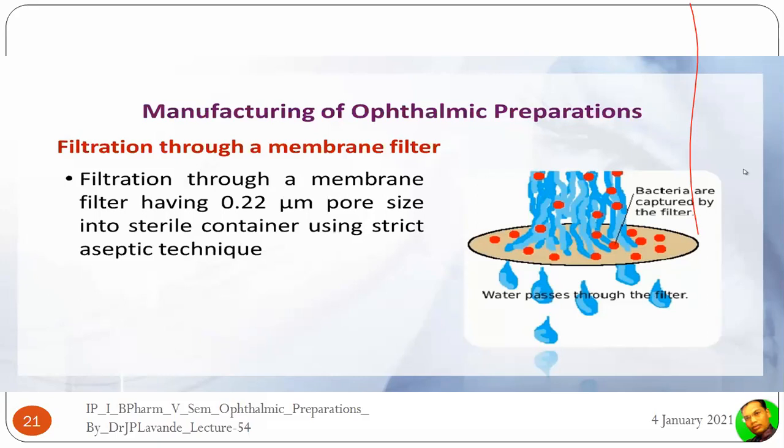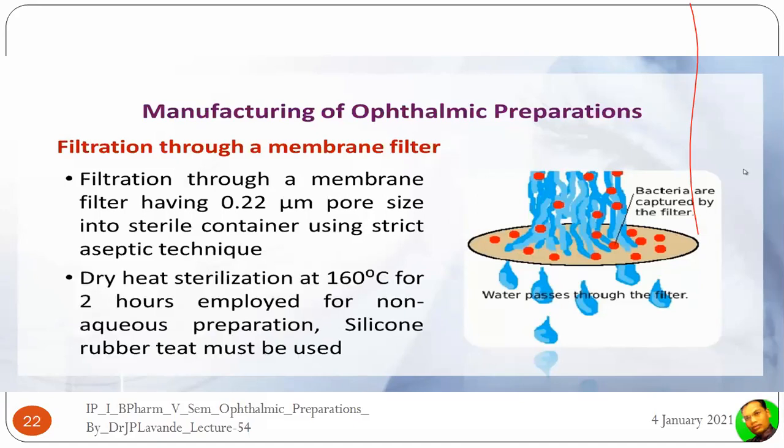So filtration through a membrane filter having 0.22 micrometer pore size into a sterile container using strict aseptic techniques. That is the most important requirement: an aseptic environment, free from microorganisms.